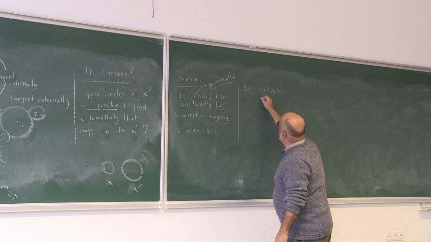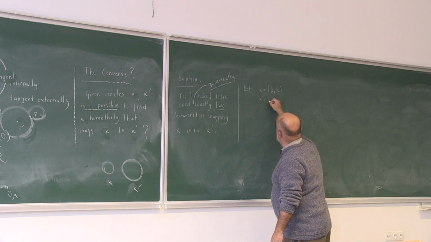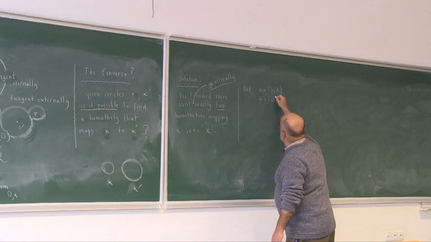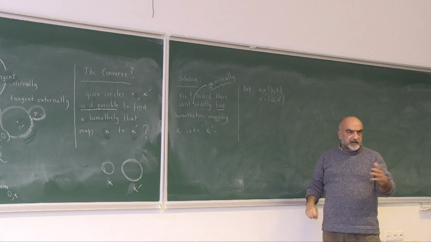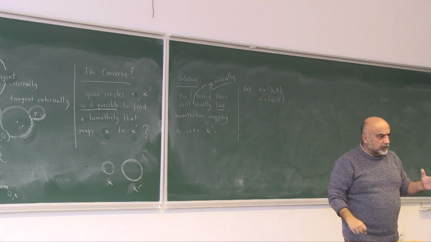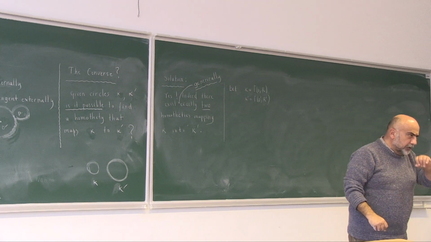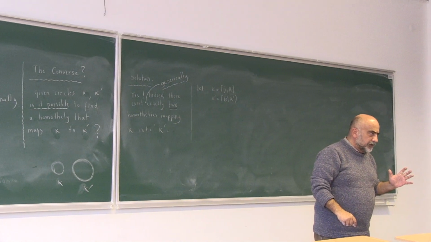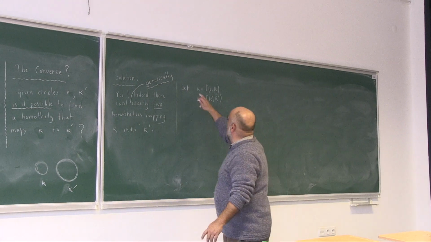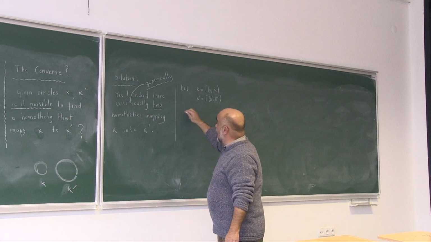And let kappa prime be the circle with center O prime and radius R prime. Now, I want a homothetic sending kappa into kappa prime.